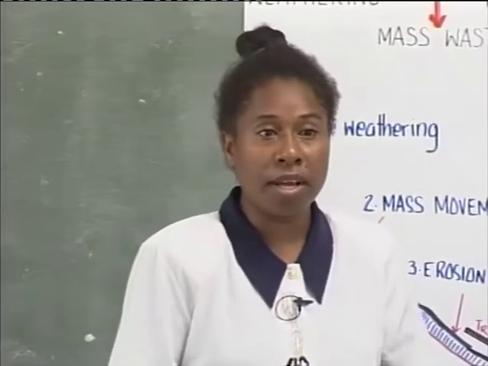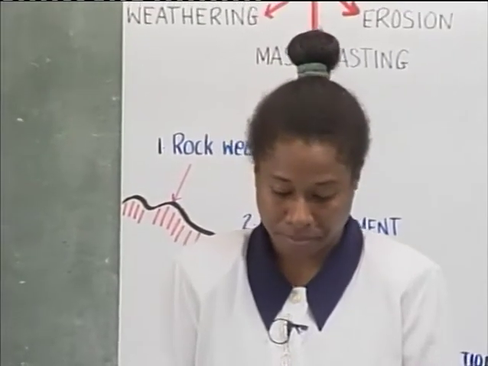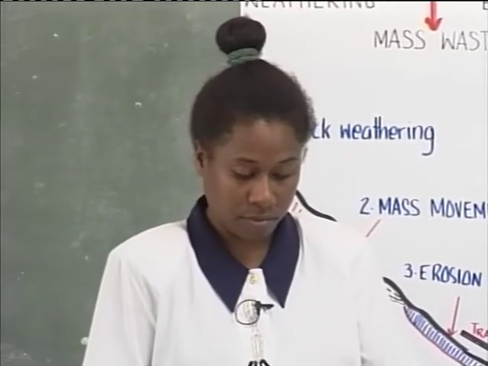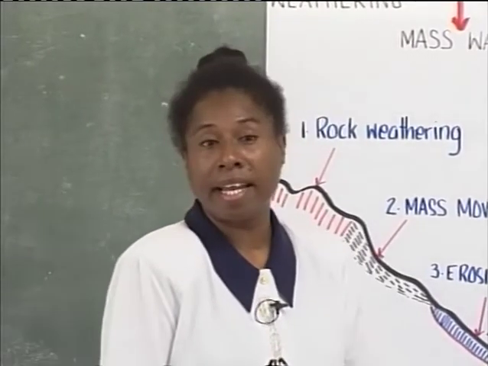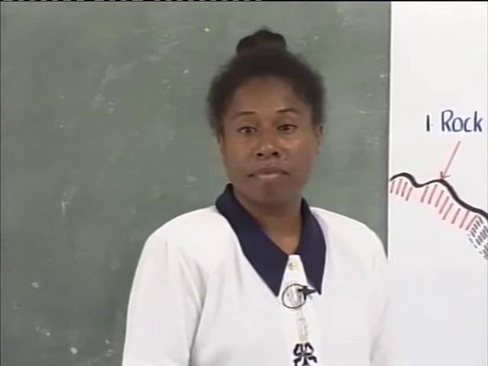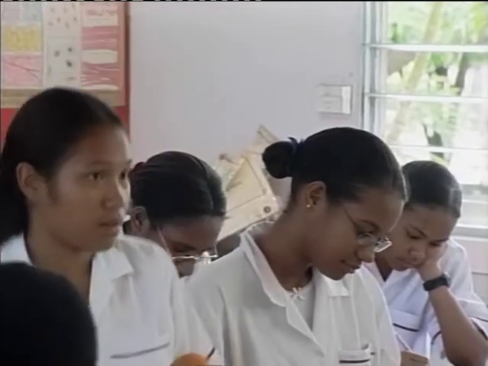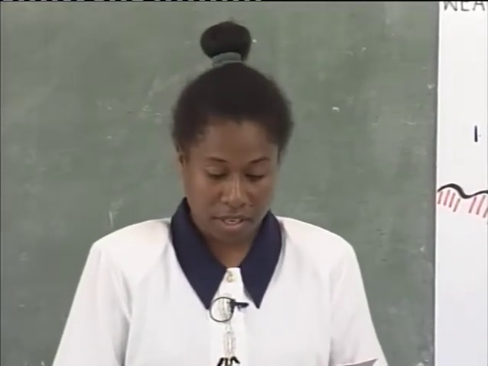We happy with copper? Okay, good. The next one, galena. Catherine. The metal obtained from galena is lead. Lead? Correct, good. The next one, which is bauxite.